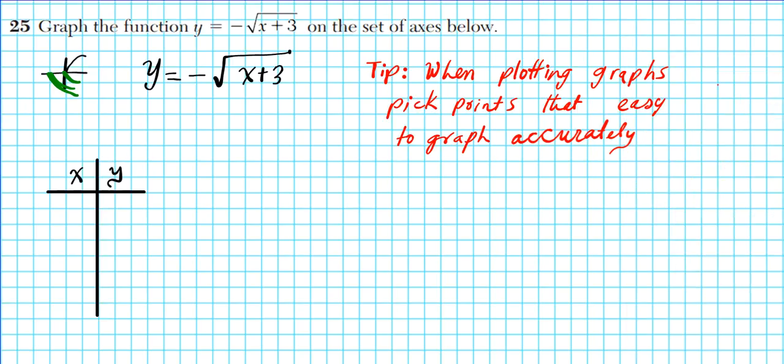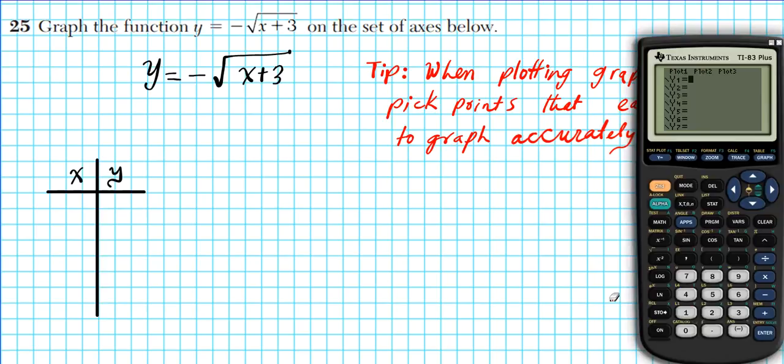So what we're going to do now is enter the function in the calculator. The graph will give us a general idea as to what it looks like, but the main thing we're going to be extracting are the coordinates. Okay, we're asked to plot the points. Alright, let's graph it. We have negative. Remember, this is just a sign, it's not an operation.